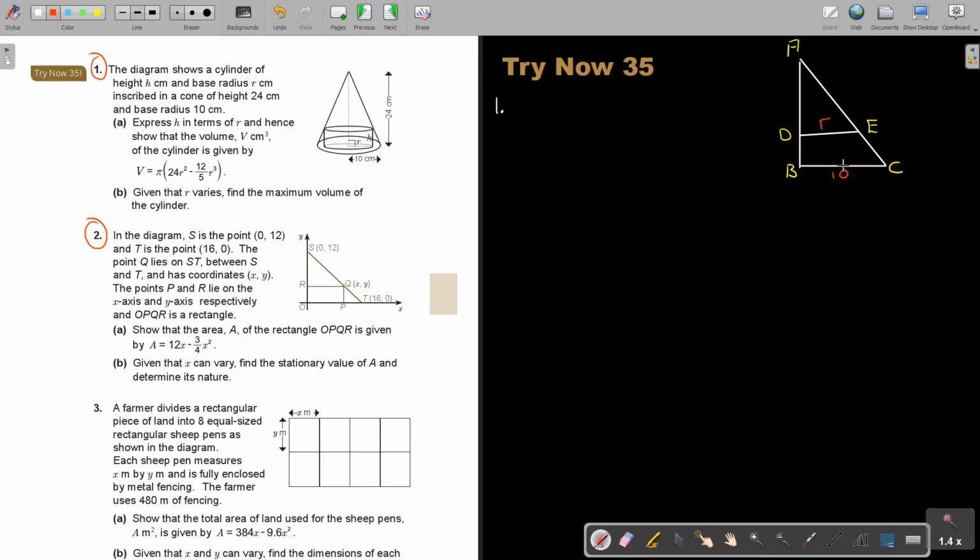This is going to be 10. This is going to be h. From there to there, this is going to be 24.